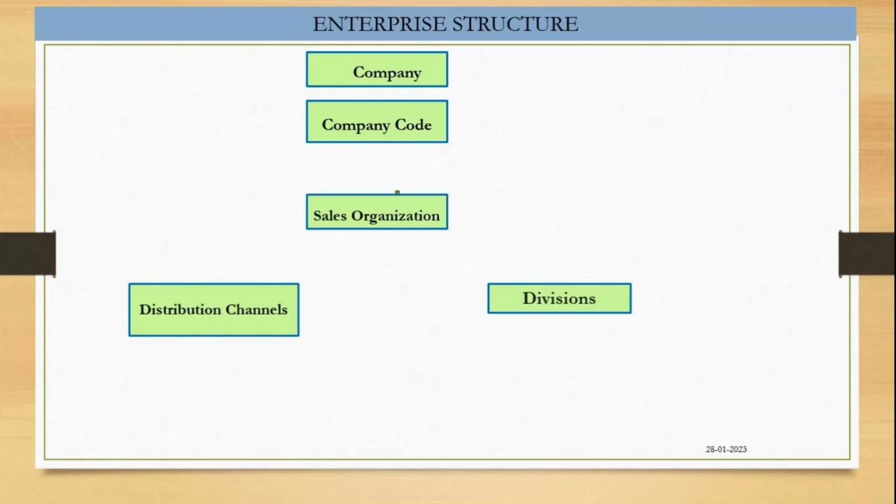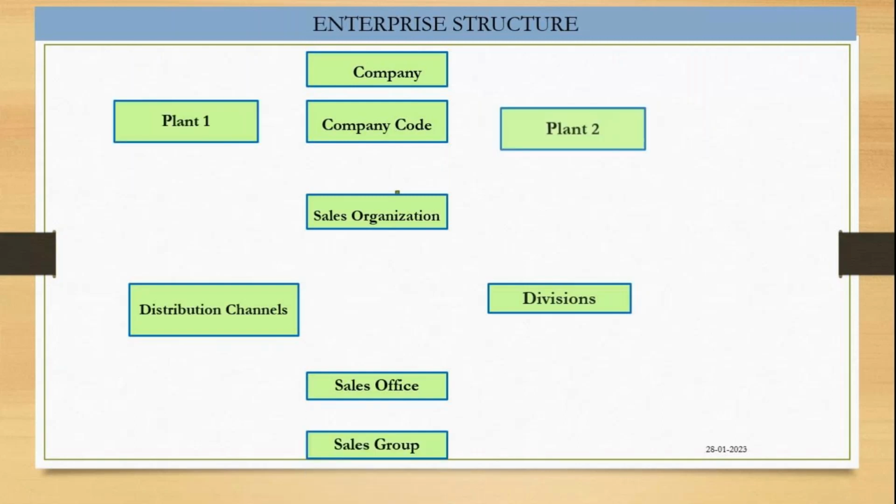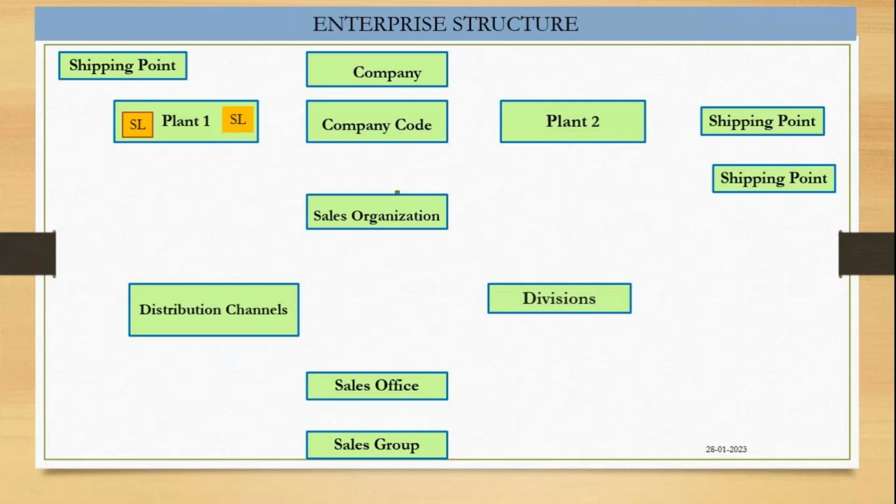Now we'll be learning the company, what exactly a company is, what a company code is, what the sales organization is, distribution channels, divisions, sales office, sales group, plant, storage locations, and shipping points. All these are the organizational elements or organizational units that we will learn in the entire course.